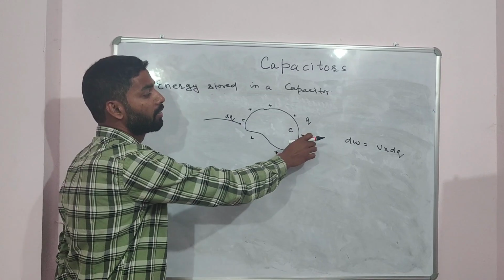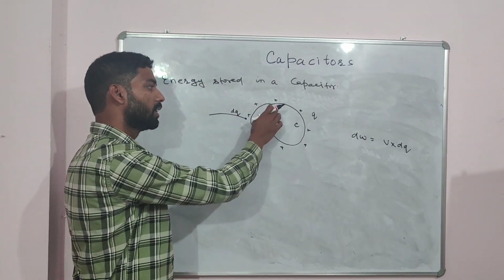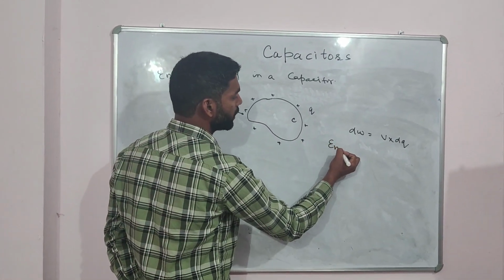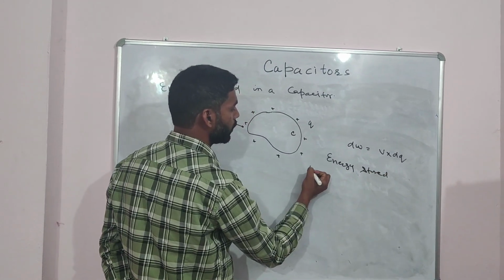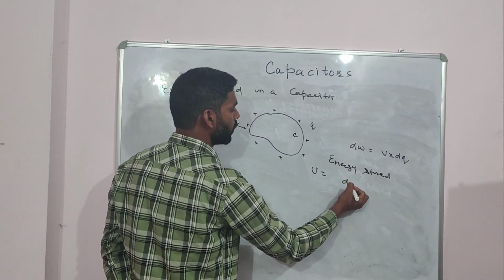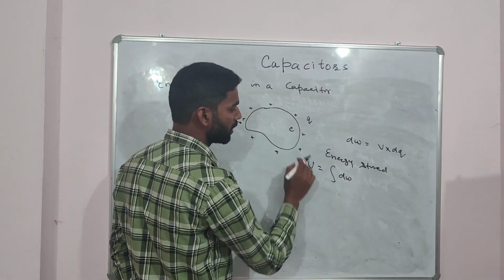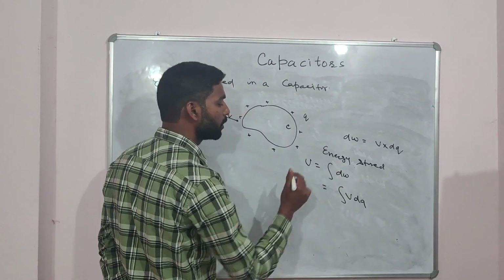The total work done will be equal to the energy stored in the capacitor. So the energy stored is equal to this total work done to accumulate the charge, or integral of V dq.